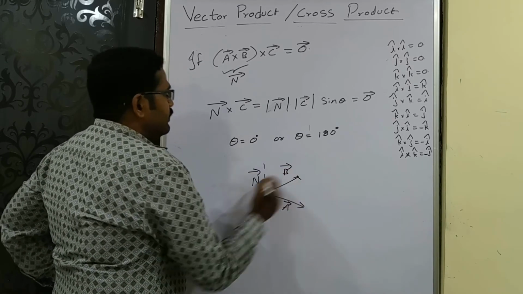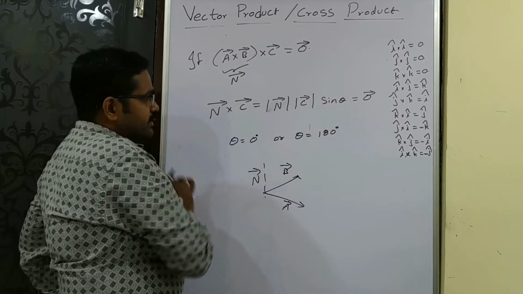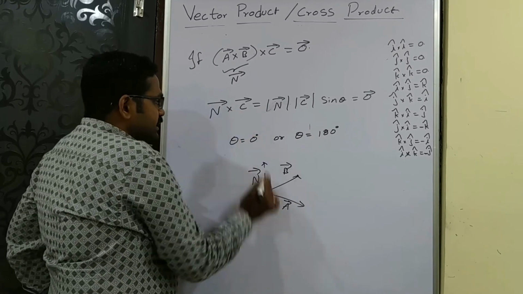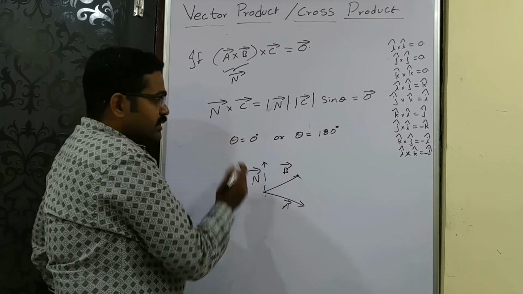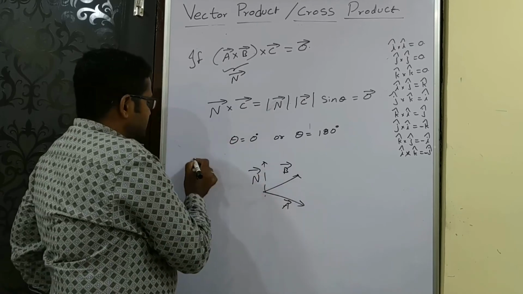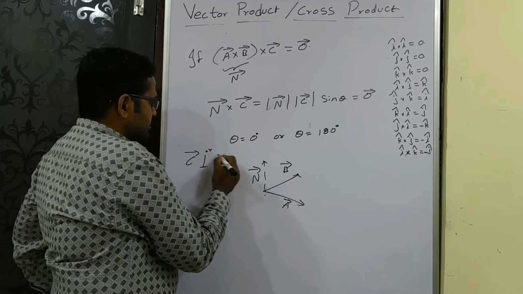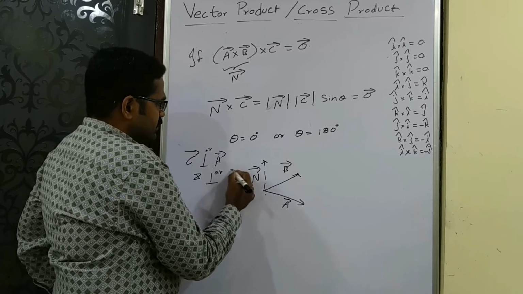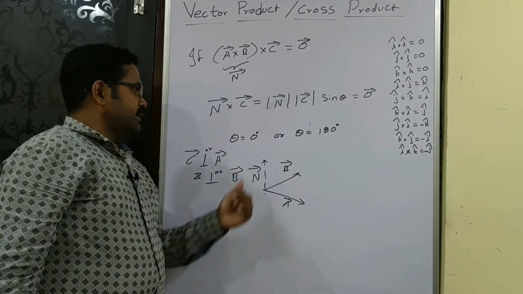So, if theta, the angle between vector C and vector n, is equal to 0, then vector C is along vector n, in the direction of vector n. In the direction of vector n means vector C is perpendicular to vector A and perpendicular to vector B, in the same direction as vector n.